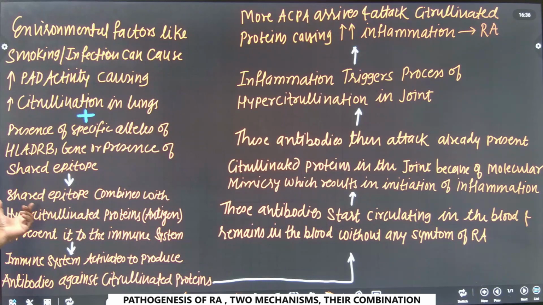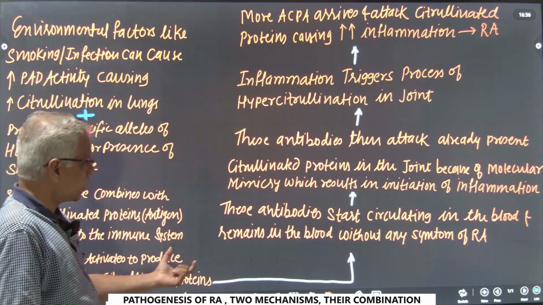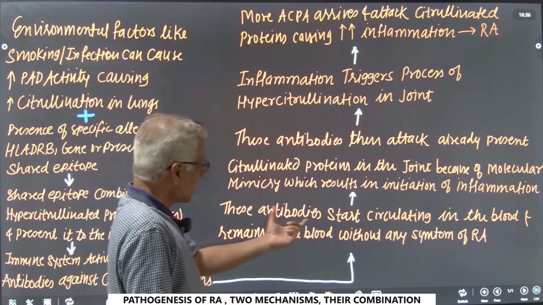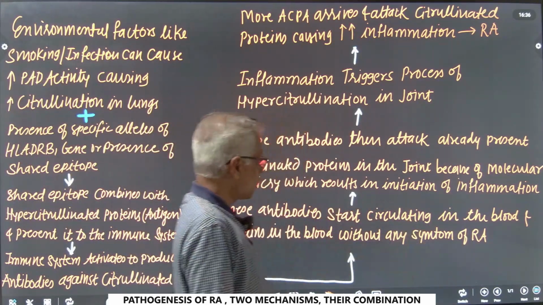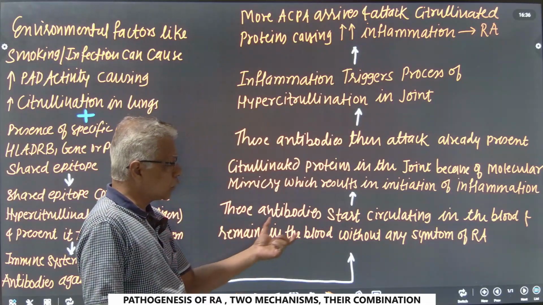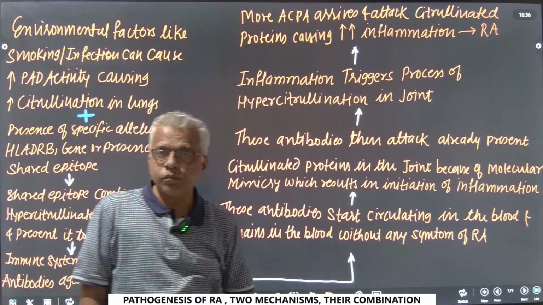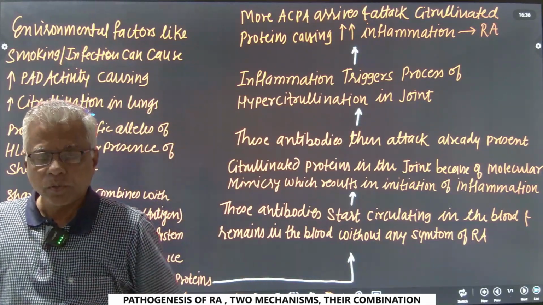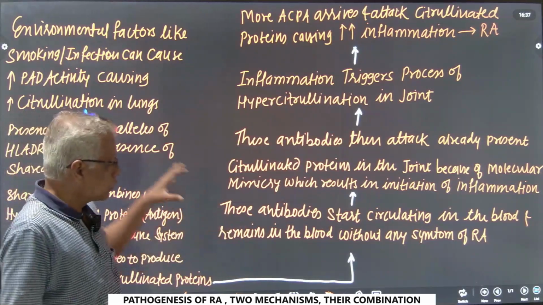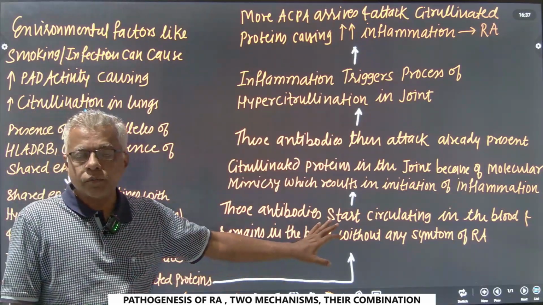We also saw that the shared epitope combines with the hypercitrullinated protein to present it to the immune system. The immune system gets activated to produce antibodies against the citrullinated proteins, and these antibodies start circulating in the blood and remain in the blood without any symptom of RA. So till this point the story is the same.